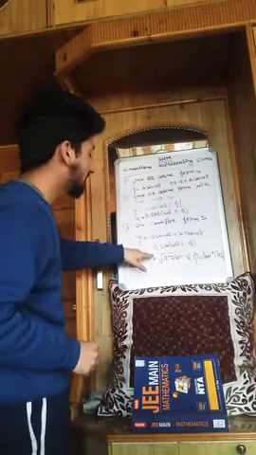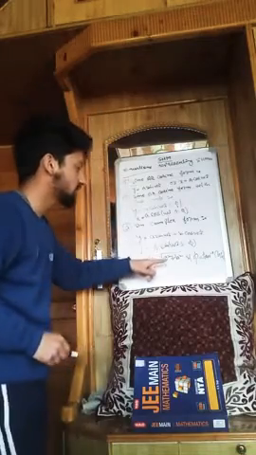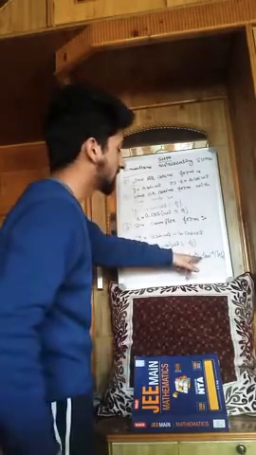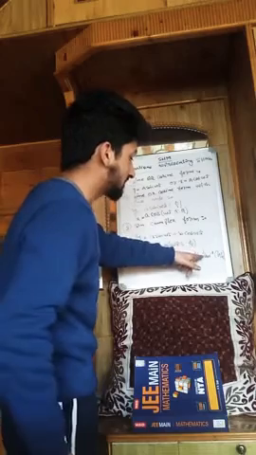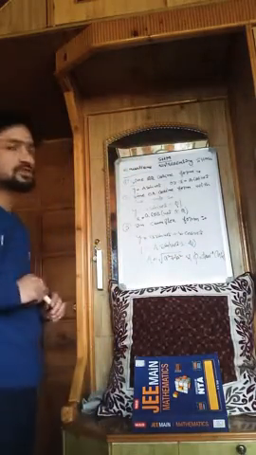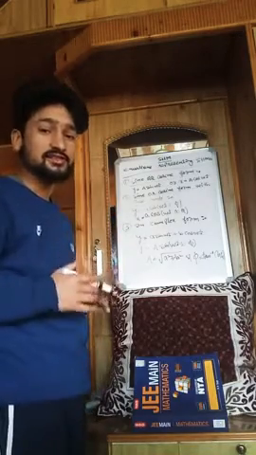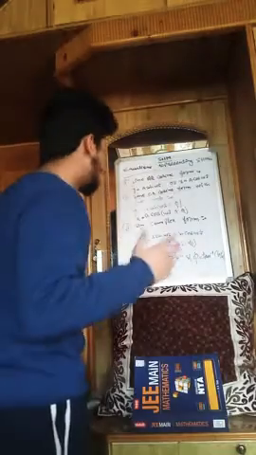A can be found by a equals under root of a square plus b square, and phi can be found by phi equals tan inverse of b by a. So these were the equations representing the displacement for a particle executing simple harmonic motion.